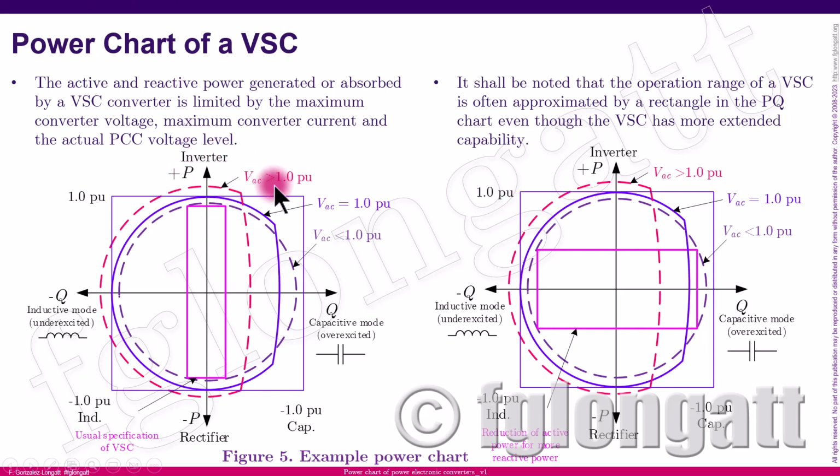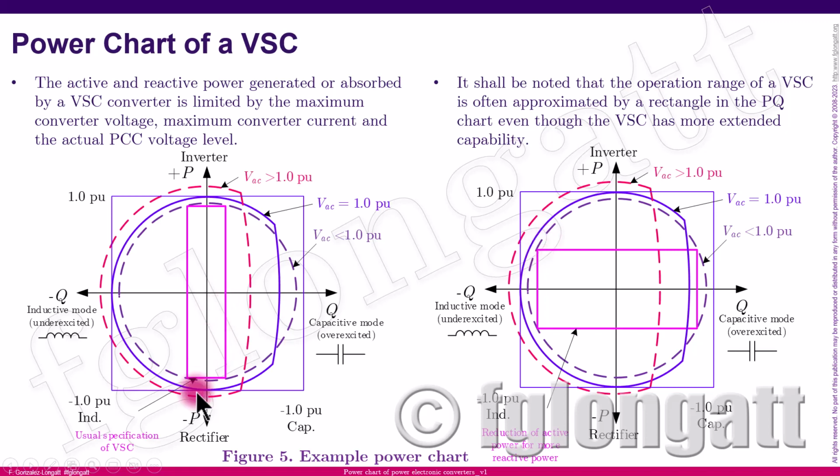Because in this case, if the operating voltage is one, we will see that the circle is totally inside of this rectangle defined by the points 1 and -1 for active and reactive power. But if the voltage is above 1 or below 1, of course, the semicircle will be outside or inside the rectangle, the square that we have here.